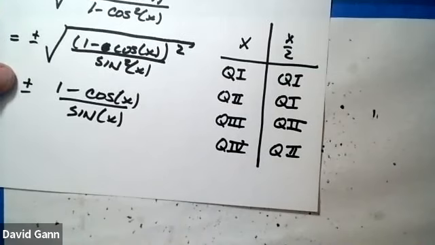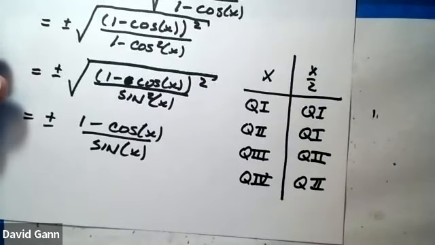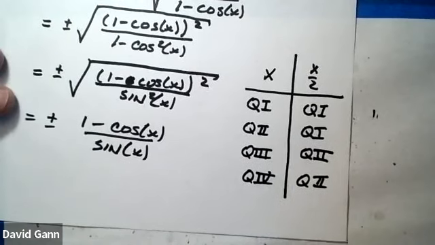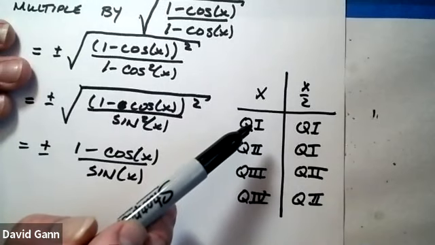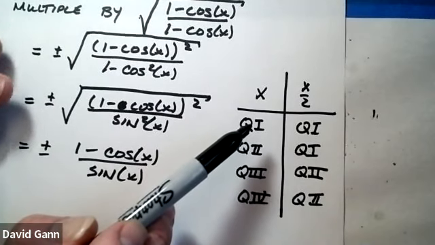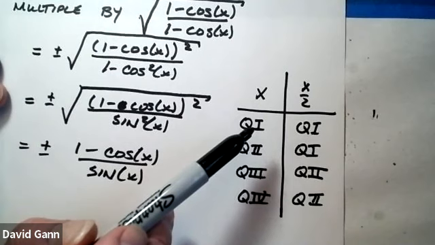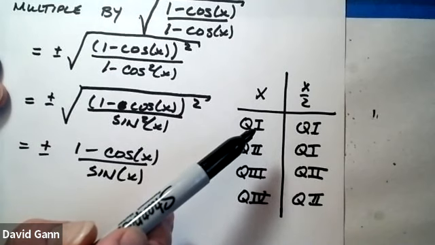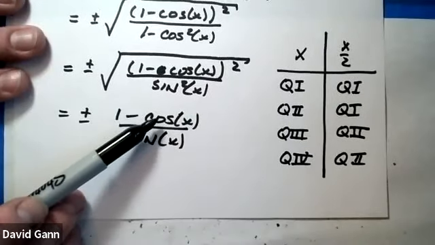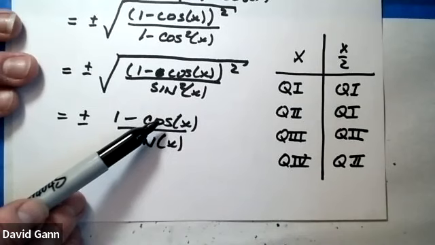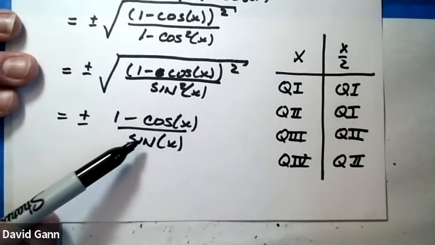Now remember, the plus or minus is all based on quadrants. So let's go through them one at a time. Supposing that x is in Q1, all right? That means that the sign of all of these trig functions is positive. So you have 1 minus a positive number that is less than 1 over a positive number.